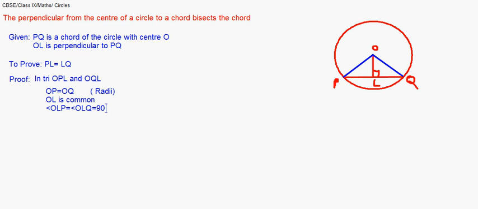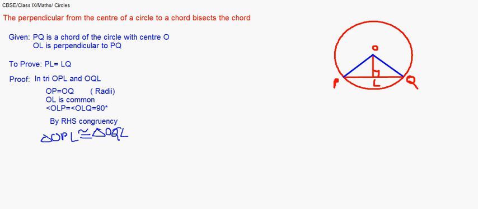They both are 90 degrees. So by RHS congruency, we prove that triangle OPL is congruent to triangle OQL.